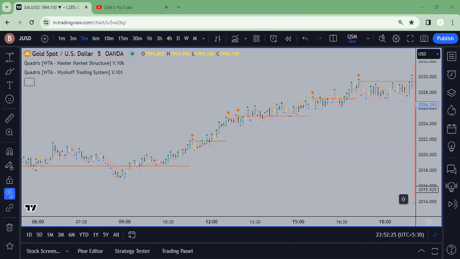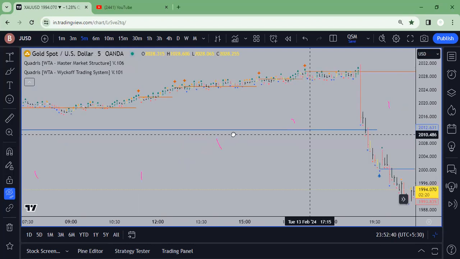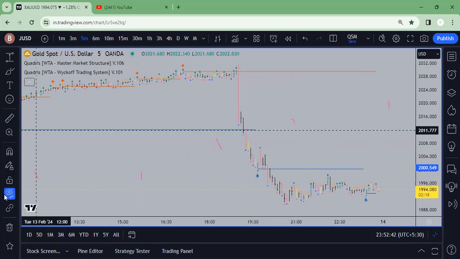So if you see 1, 2, if you consider 3, 4, and the 5th trade, 5 successful trades building good profit, and then this collapse.